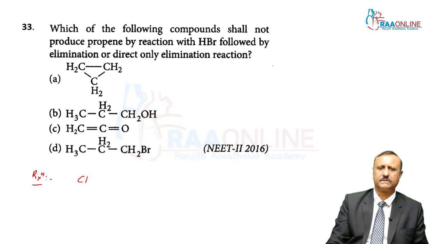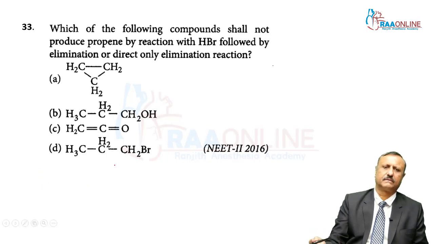Here this is propene CH3 CH double bond CH2, and this propene reacts with this HBr. But you can see here this propene is formed by this compound. Which compound formed this propene?